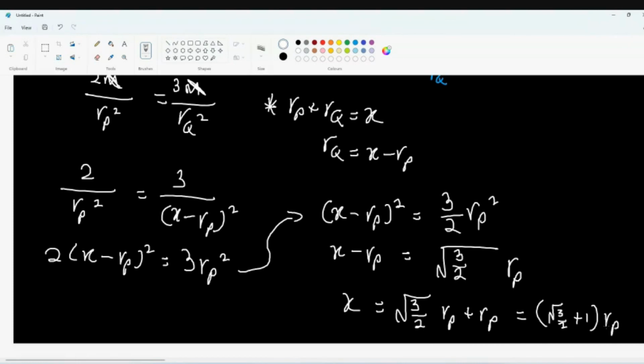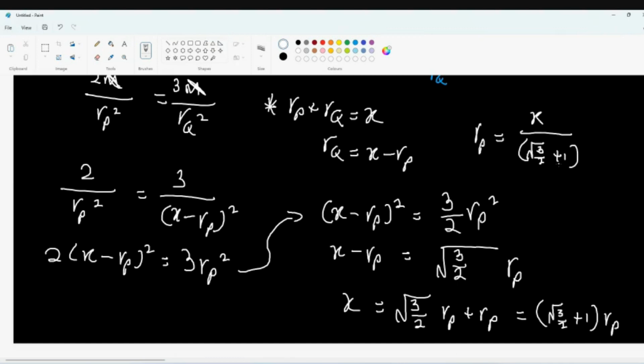So 3 divided by 2, then the square root of it. We are not looking for X, we are looking for RP. So RP will equal X over the square root of 3 over 2, plus 1.